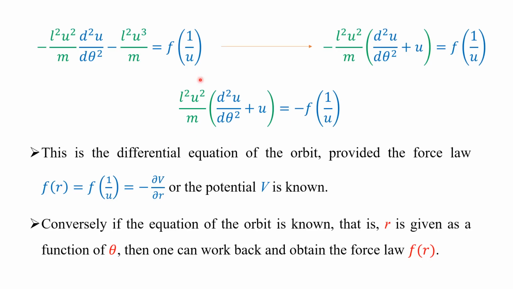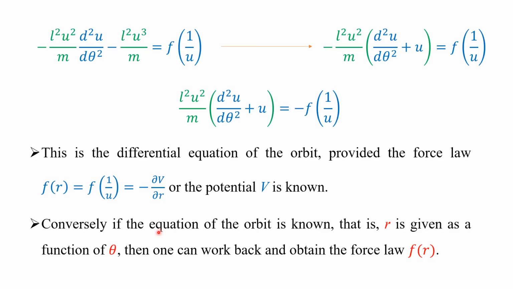This equation is the differential equation of the orbit, provided the force law f of r, which is equal to f of 1 over u, in fact is equal to minus dV over dr, so the potential is known. When the potential is known, this is the differential equation of an orbit.